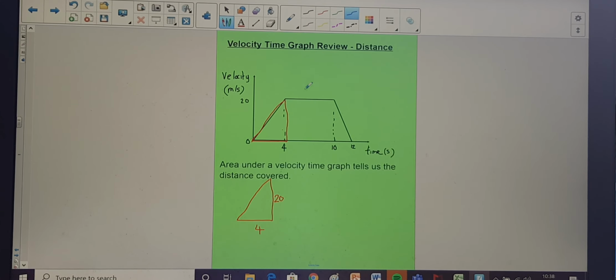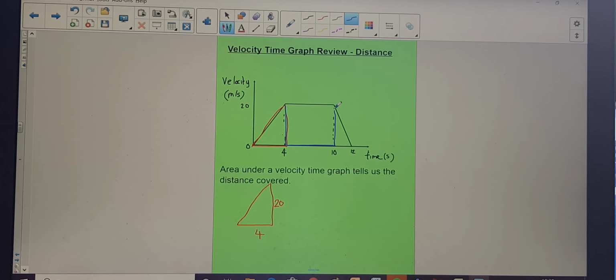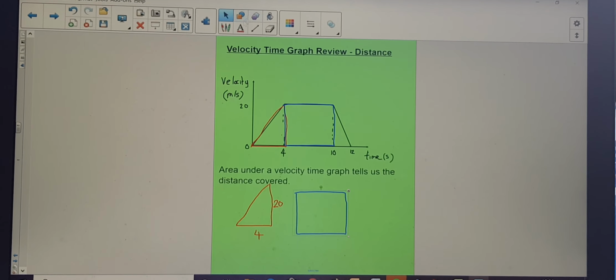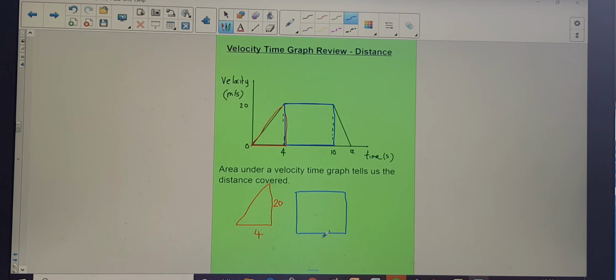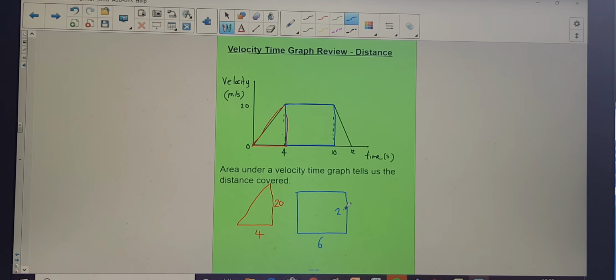I have this rectangular shape here. And if I think about that between 10 and 4, the length across the bottom would be 6, because that's the difference between the two numbers, and again it goes up by 20.